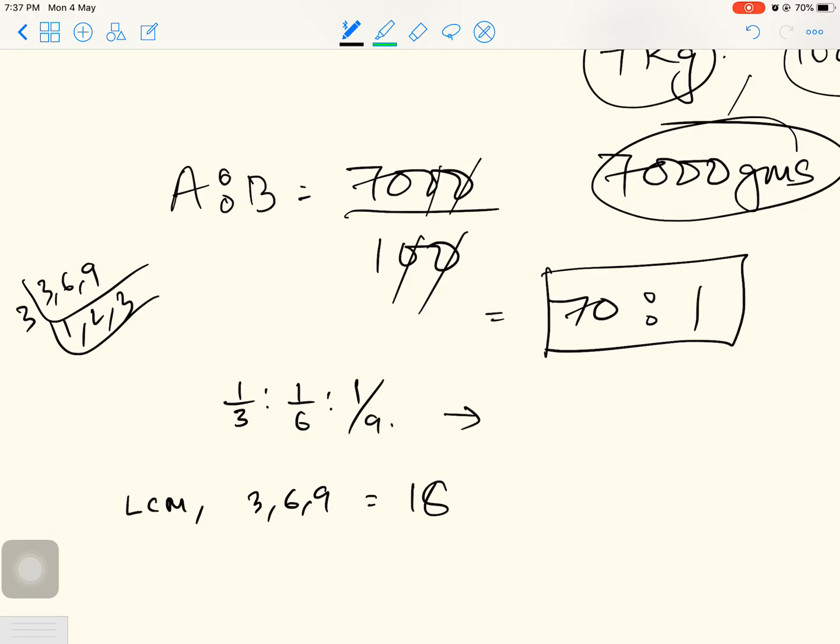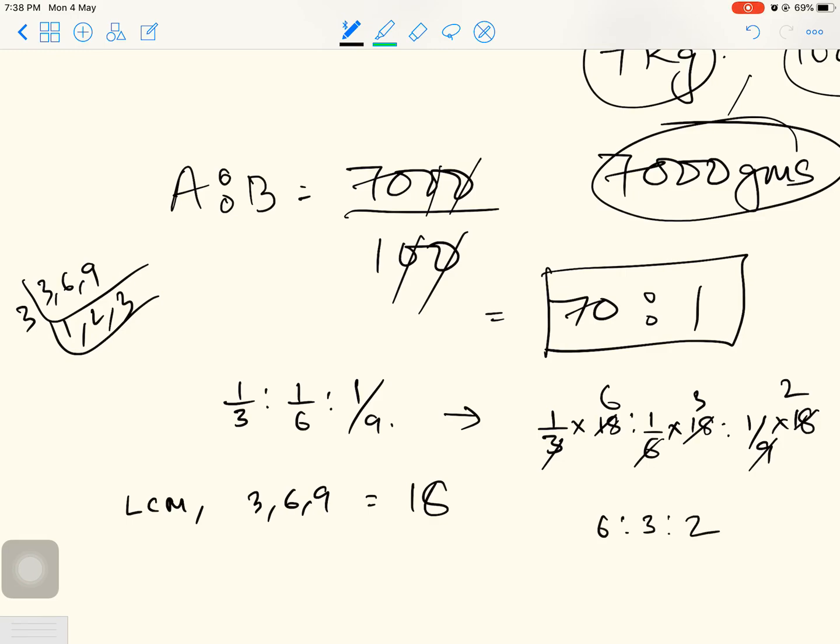So you simply multiply all of these by 18. 1/3 into 18 is to 1/6 into 18 is to 1/9 into 18. So that gives me 6, and that gives me 3 and 2. So 6 is to 3 is to 2. So that's how it works. Is that clear? So you can easily convert fractional ratios by multiplying with the LCM.